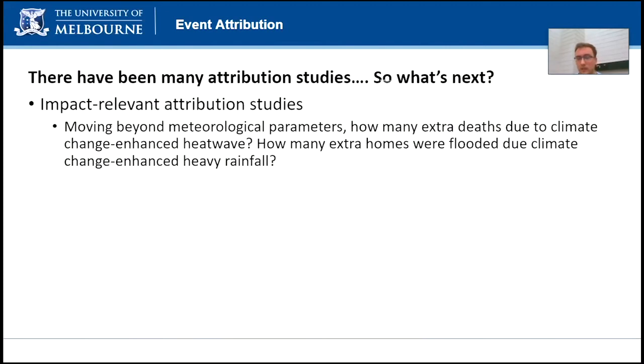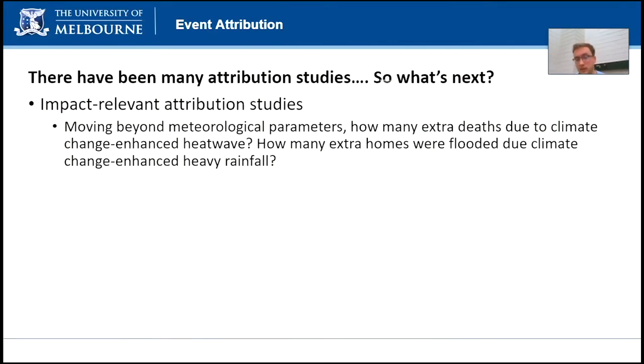So how many additional deaths were there due to a climate change enhanced heat wave? This was a question posed in a recent study in Europe led by Dan Mitchell, looking at the summer heat wave in 2003. And he found that you could attribute some of those additional deaths to climate change itself.